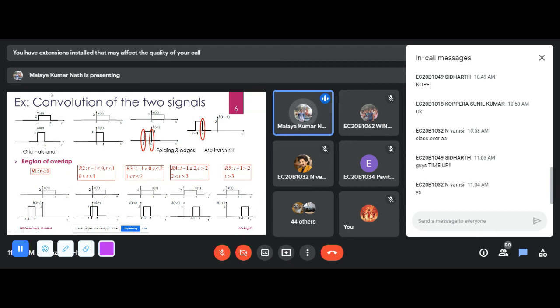In this case, 2 signals are given, x(t) and h(t). First, both signals are converted into x(tau) and h(tau). Once converted, the signal having lesser duration, that is h(tau), gets folded.